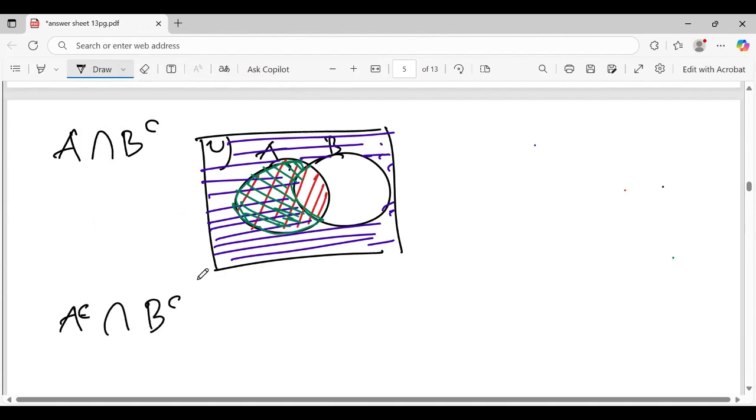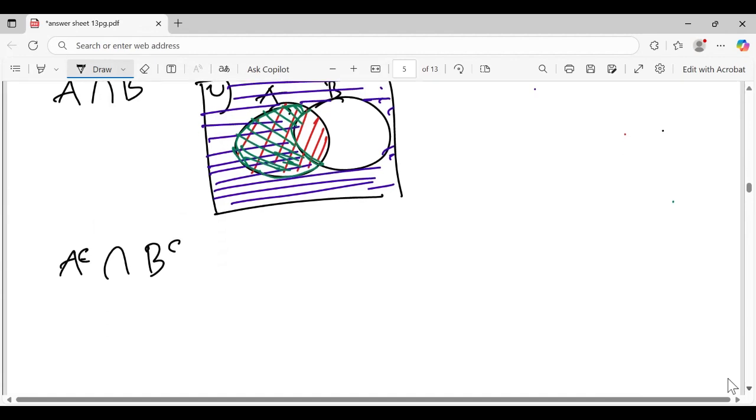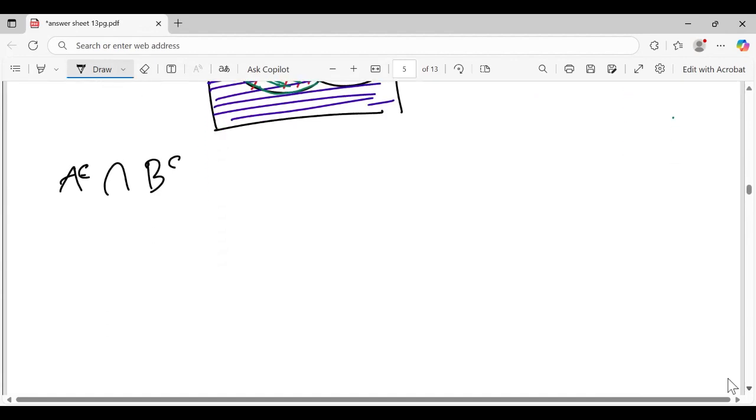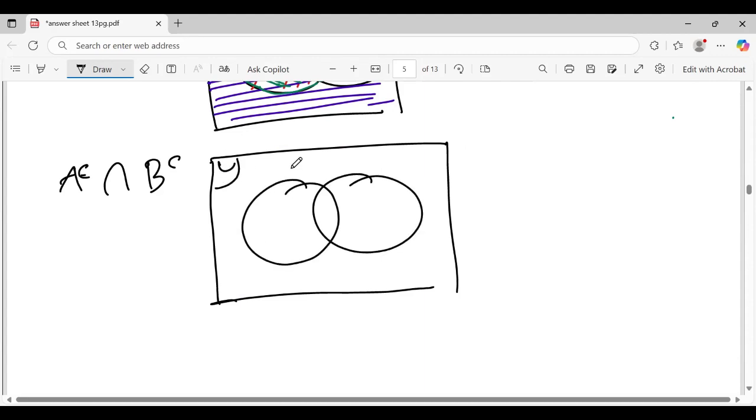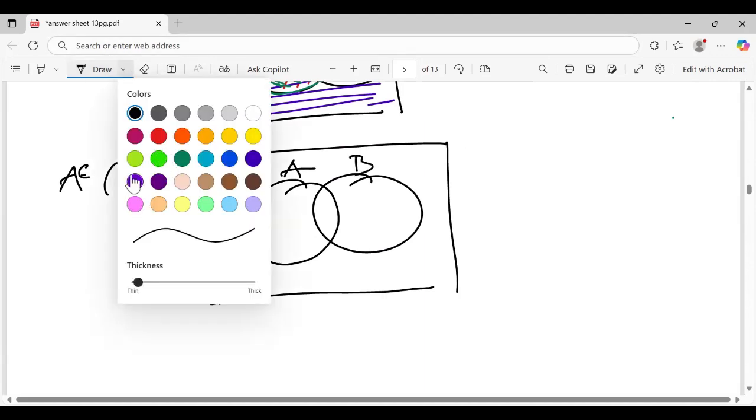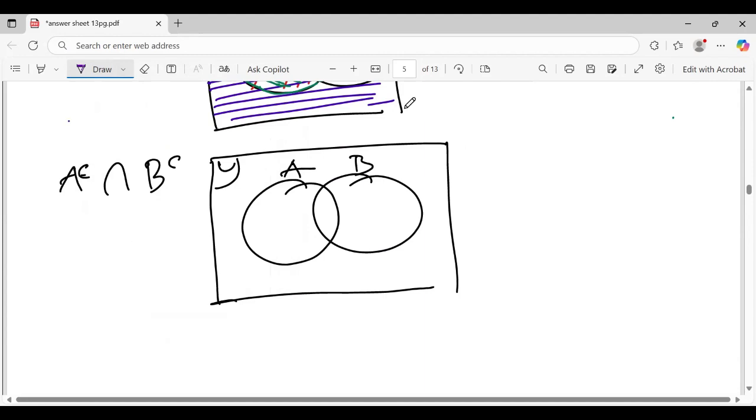So how about A complement intersection with B complement, right? This is U, the universe, A, B. The first step we need to find A complement.